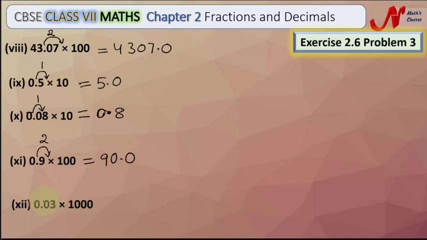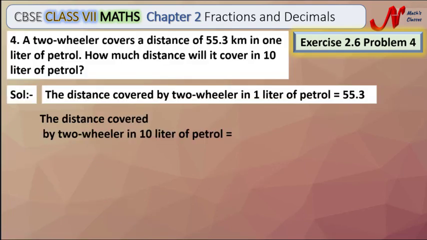Here we have 3 zeros, so we shift the decimal point 3 places to the right, so we have only 2 digits, so we keep one extra 0 after 3, so it can be written as 0030.0. It is nothing but you can write it as 30.0.